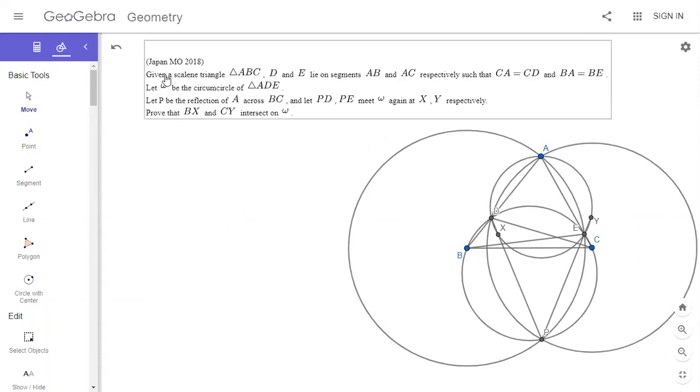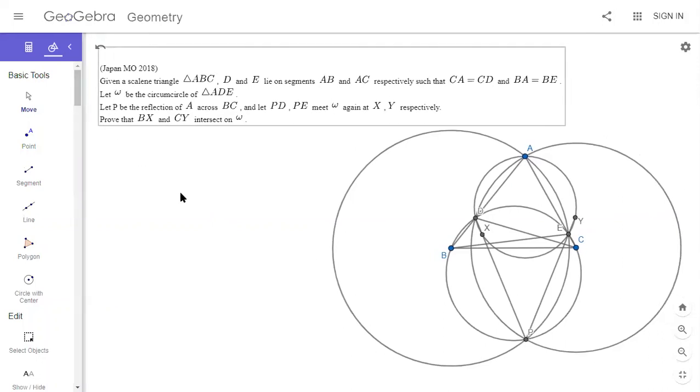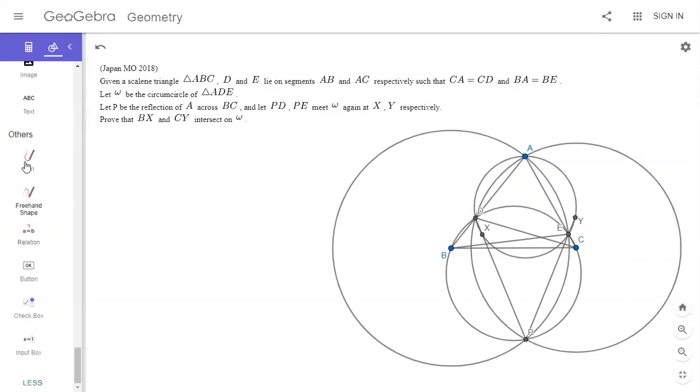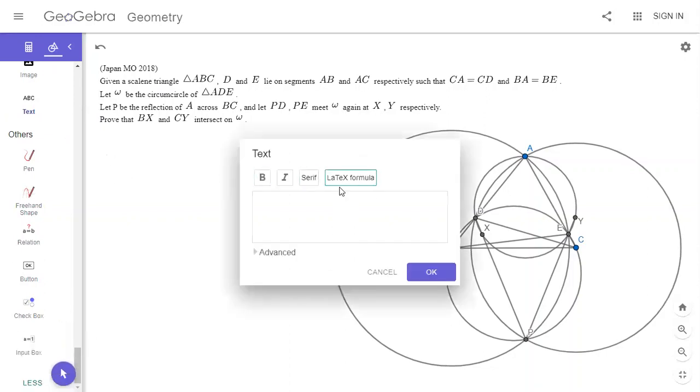All right, so I'm gonna write it out. So we have angle ADY is equal to angle AEY is equal to angle PEC, which is equal to angle PBC, which is equal to angle ABC.